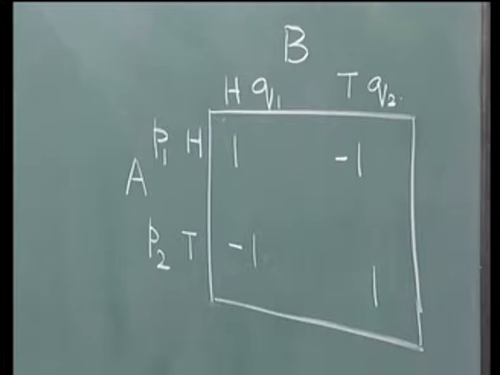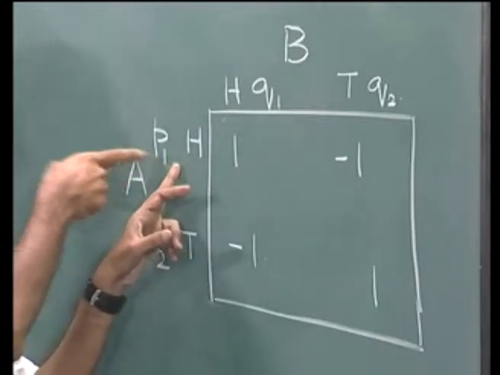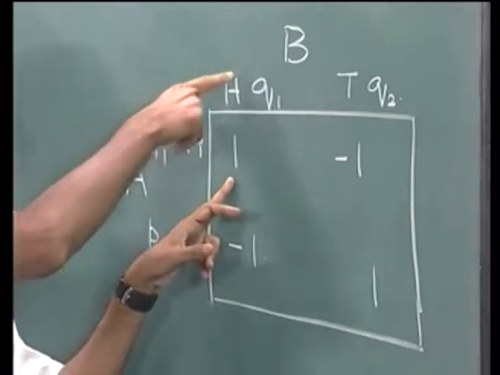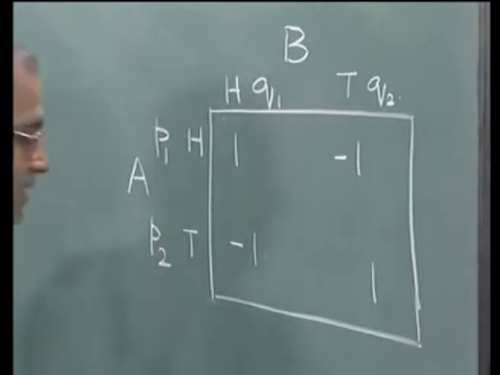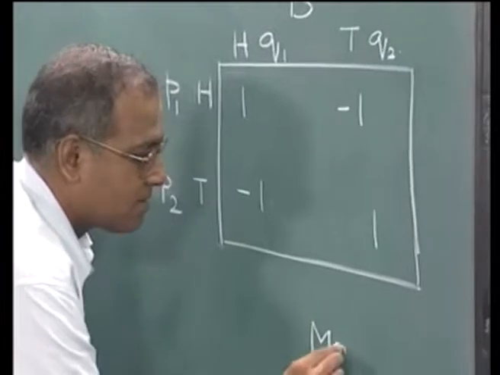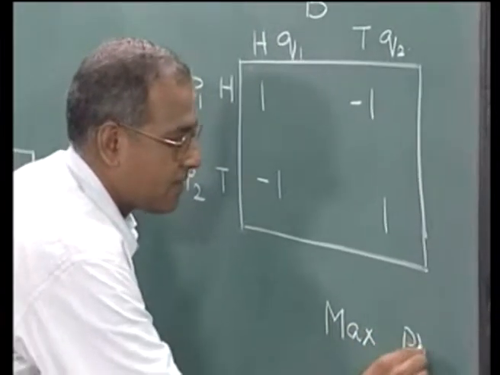Now, what is the objective function? In fact, one of the things we did was we said that if A is playing here, assuming that B will play this, which means A will try to maximize A's profit.